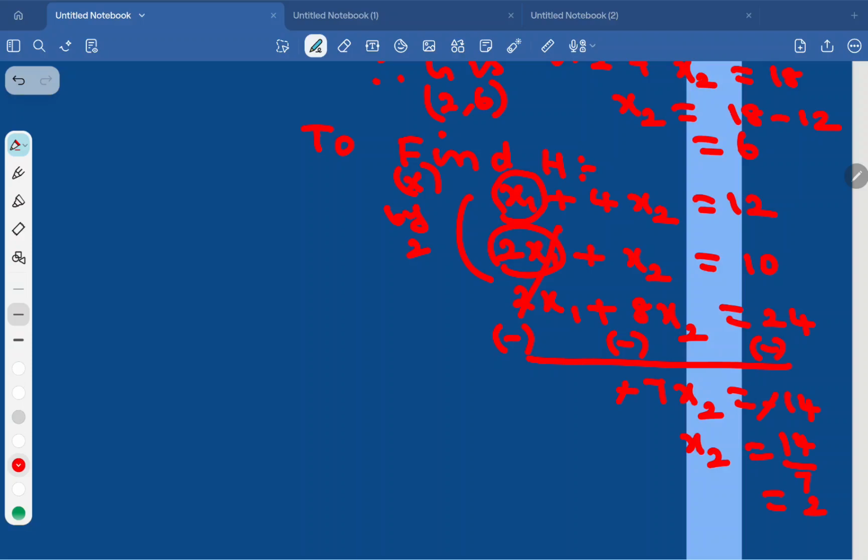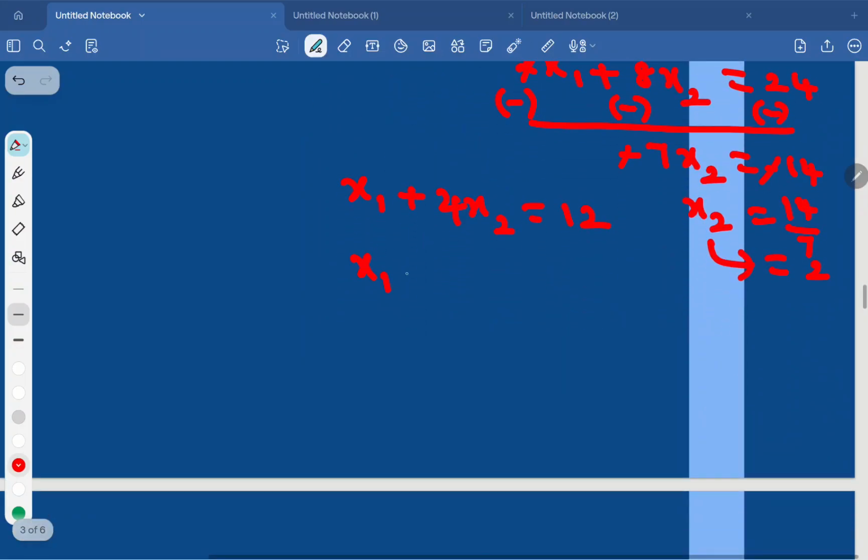Substitute x2 in x1 plus 4x2 equal to 12. x1 plus 4 into 2 equal to 12. x1 equal to 12 minus 8, so x1 is 4 and x2 is 2. Therefore, the H point is (4, 2).